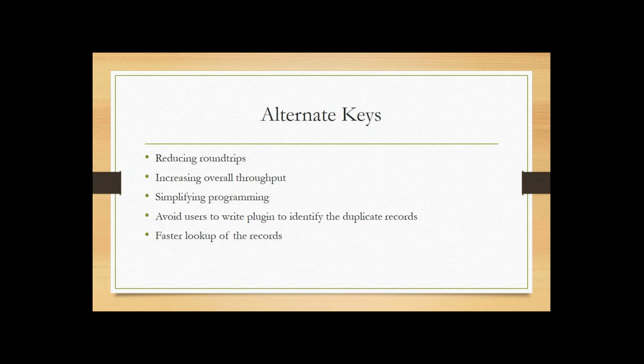This saves users from writing a plugin to identify duplicate records, as duplicate detection rules allow the user to create the record even if it exists in the system. An alternate key can be a combination of more than one attribute. With alternate keys, you can assure an efficient and accurate way to integrate data into Microsoft Dynamics CRM from an external system.